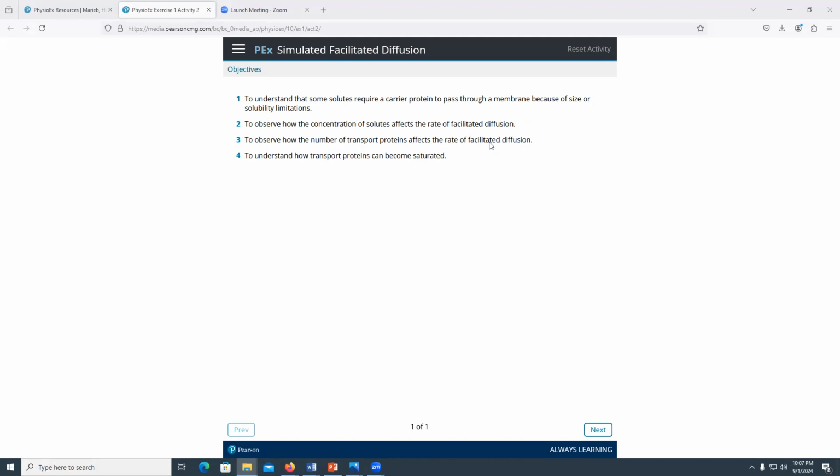But there is a ceiling effect, because if you keep increasing to a level where the carrier proteins are fully saturated, they cannot shuttle anymore.